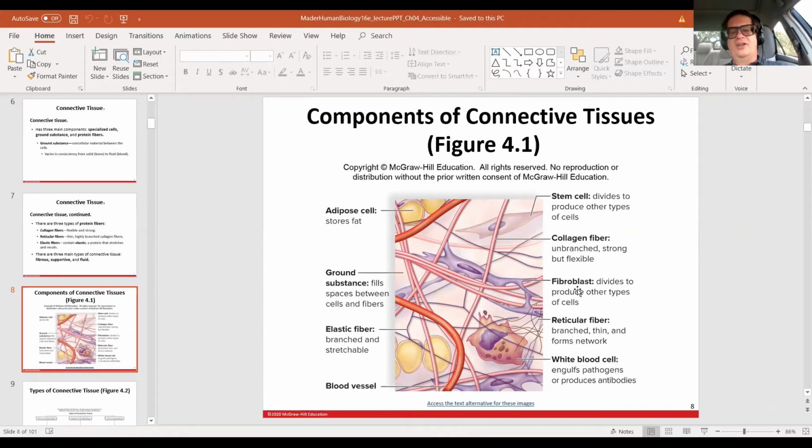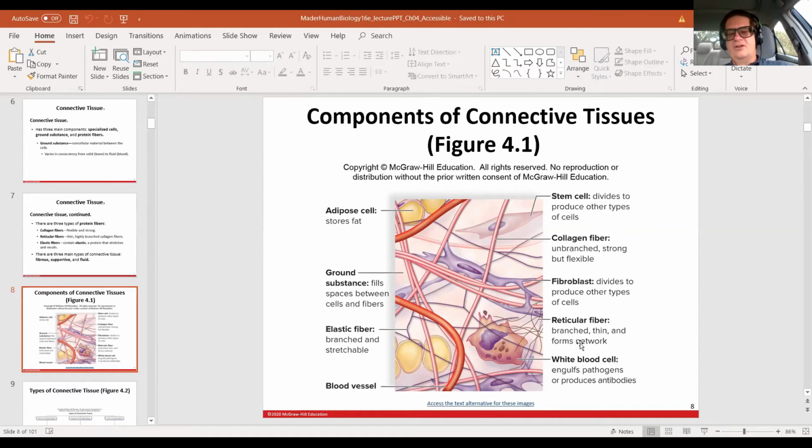This is a young cell. It'll probably grow up to do something else. But blast, think baby. The other thing for blast, you could think builder, because this will build other types of cells or build other types of substances. So a fibroblast is something that can divide and make other types of cells in here.